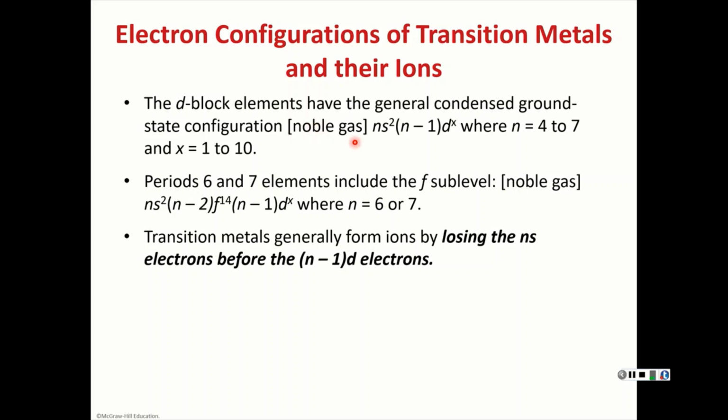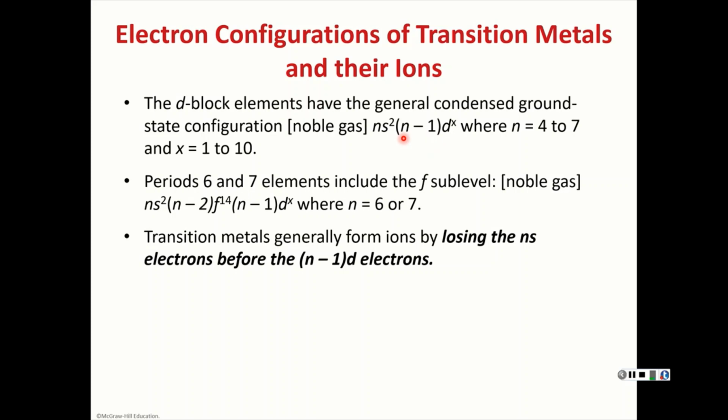So you have the preceding noble gas in brackets, and then the general formula for your valence electrons in these transition metals would be n, which is the number of the row of the periodic table that you're in, s2, and then (n-1)d^x.